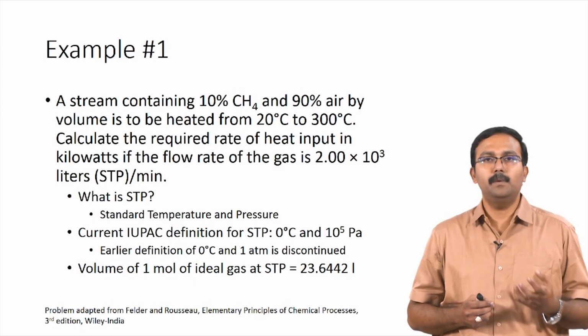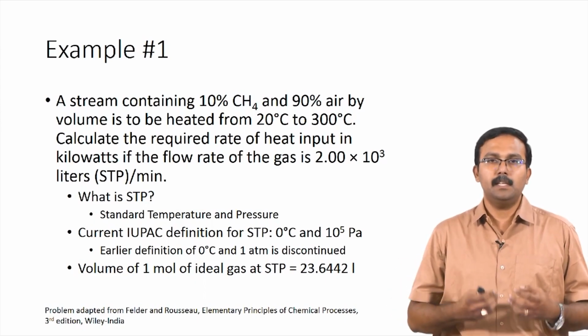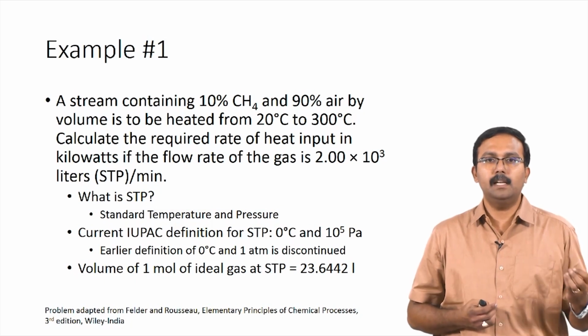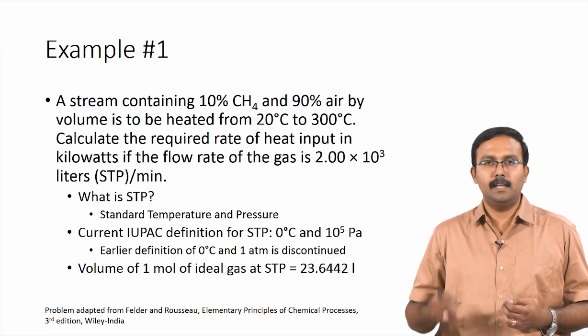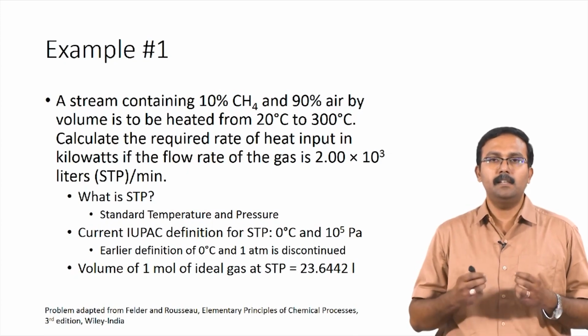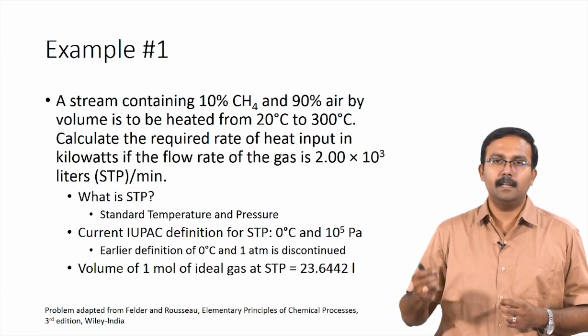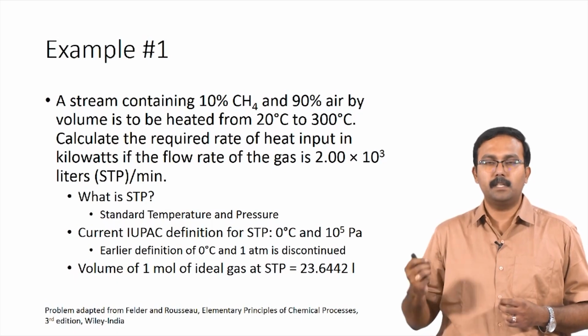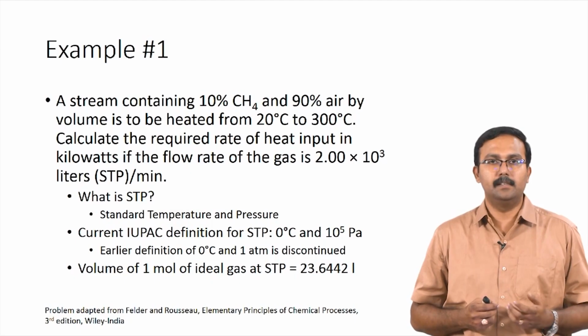With all that said, we should also understand why this problem gives the flow rate as liters STP. Here we have to calculate the number of moles which is coming in. So, this can be done at STP. Although the inlet condition of the gas itself is not STP, this has been given in terms of STP because what it represents is if this gas were to be present under STP conditions, standard temperature and pressure, then it would have a volume of 2000 liters.